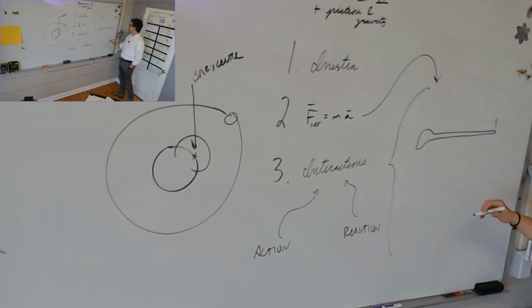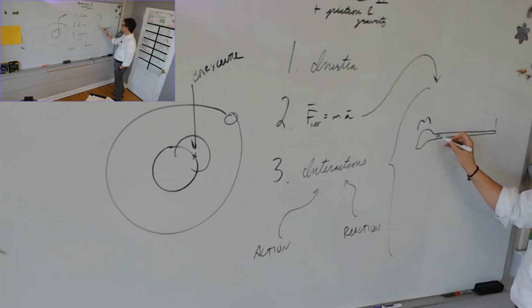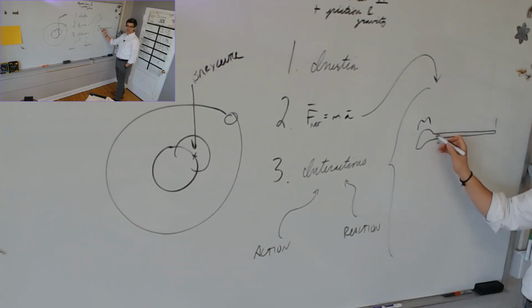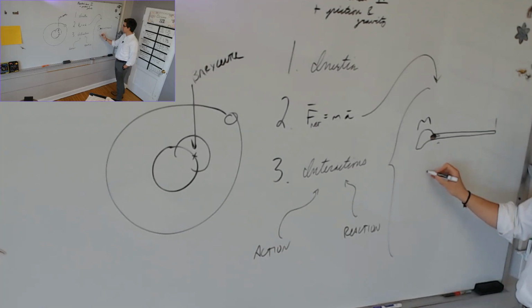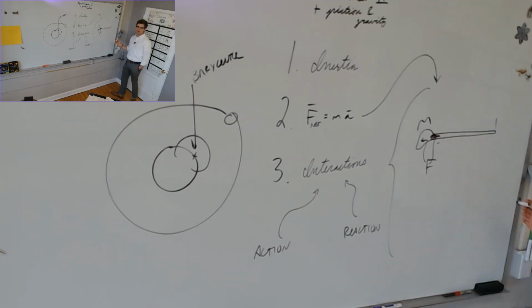But we're going to say this is a rifle, and it has a certain mass, M, and there's a bullet in it. And the bullet has a certain smaller mass, little m, right? When the cartridge is fired, and this explosion happens here, the same force is applied to both the rifle and the bullet. Why does the bullet move more?